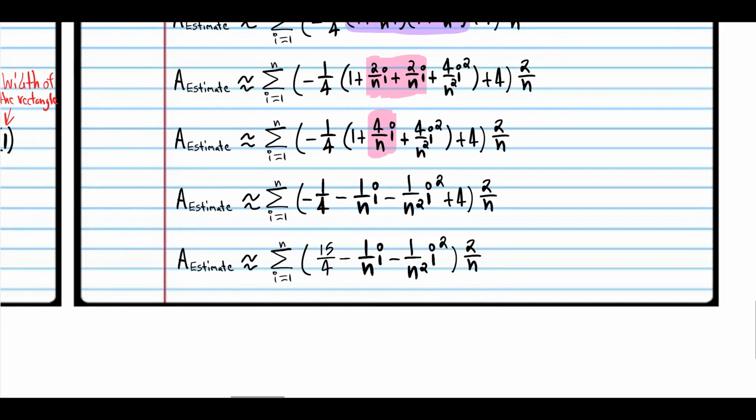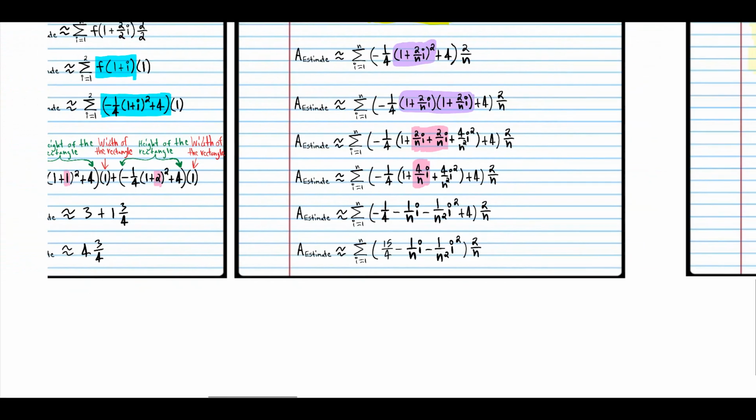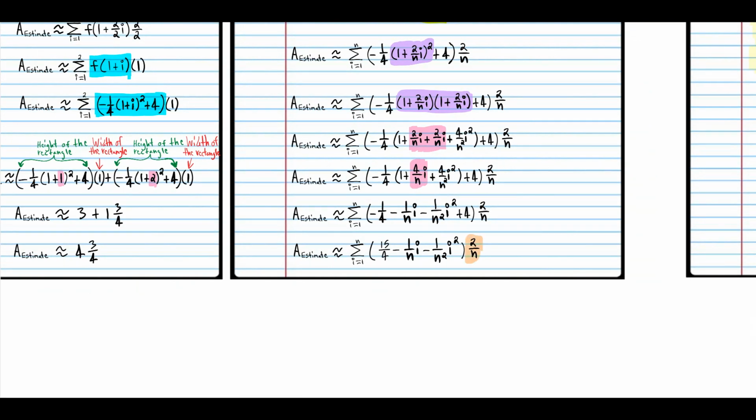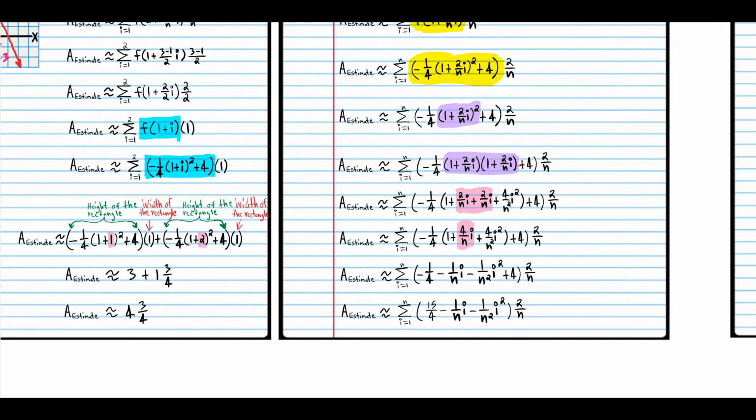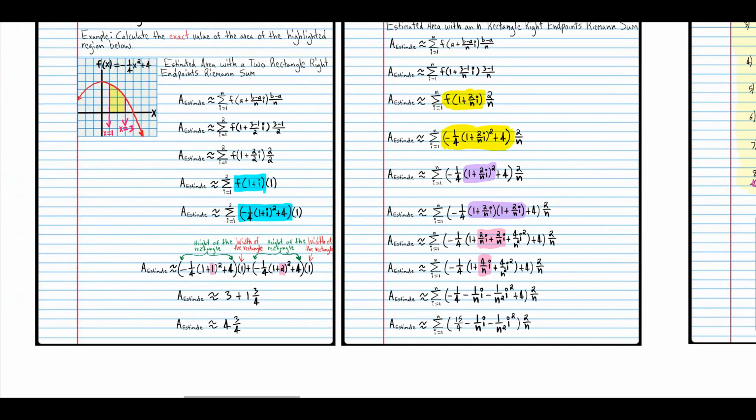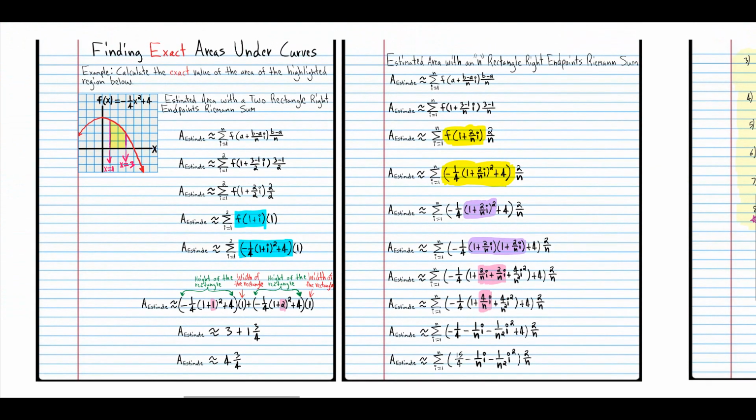Okay, so now I'm going to distribute this 2 over n to each one of these terms. And you're probably wondering to yourself, why are we doing this? Let's step back here. Why do we have to do this? We have to do this because we don't know how many rectangles we're going to use. We're just coming up with an expression for the estimate of the area using n rectangles.